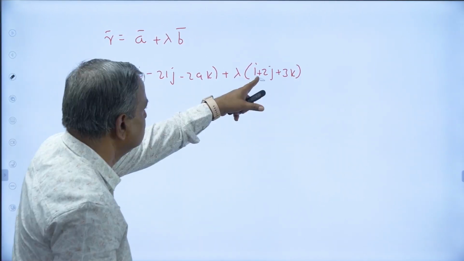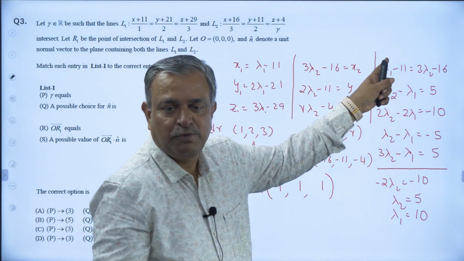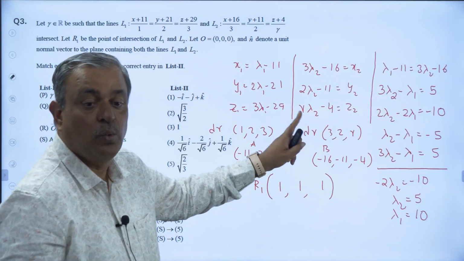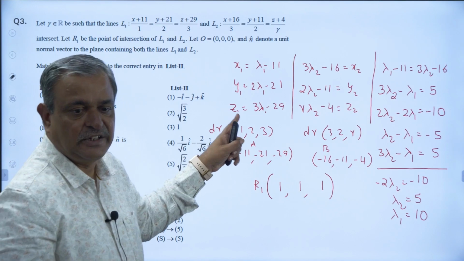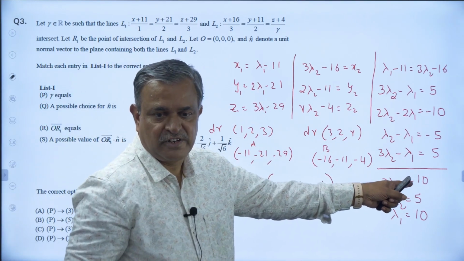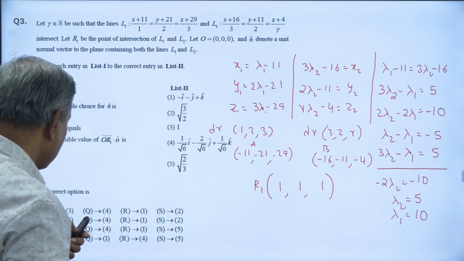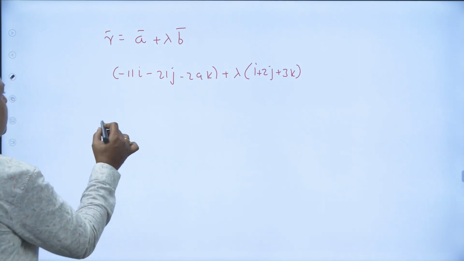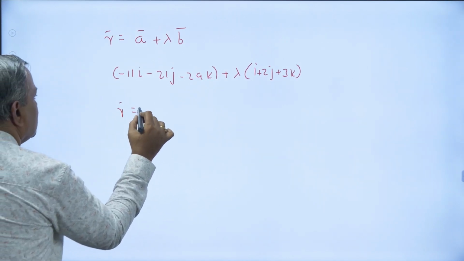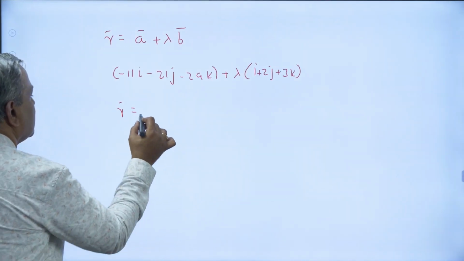You can write the line equation even in the initial stages, because all answers are given in vectors. The point of intersection is also required, so that's why I wrote it. Next line: R vector is equal to, what's the point given? Minus 16, minus 11, minus 4.